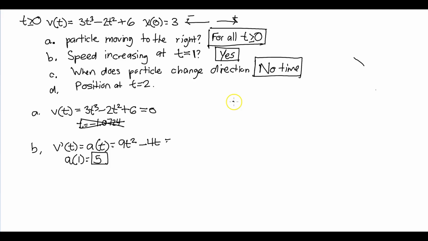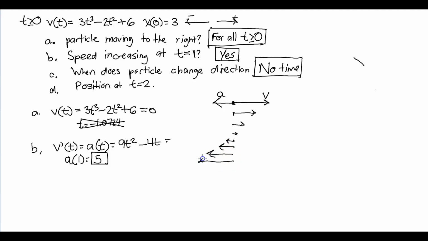Why? Because if you have a particle moving this way with the velocity, it's getting pulled back by the acceleration, sort of like physics terms. So it'll start to go slower and slower until it starts to go this way.